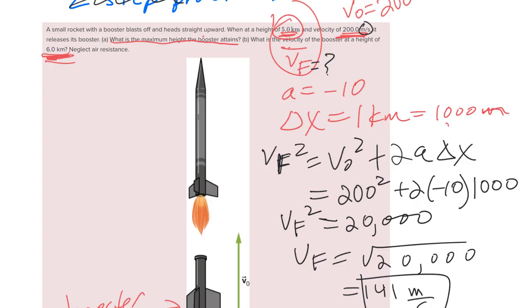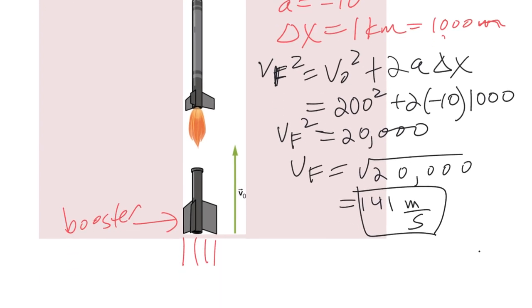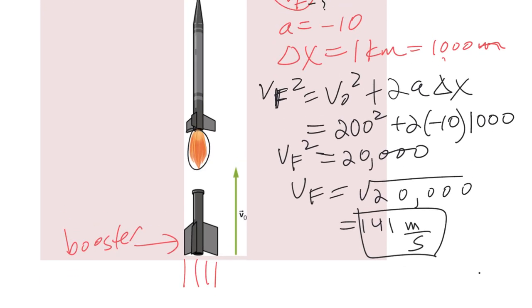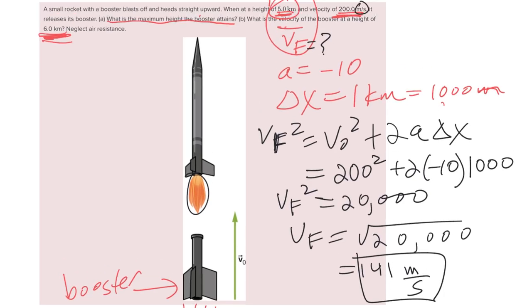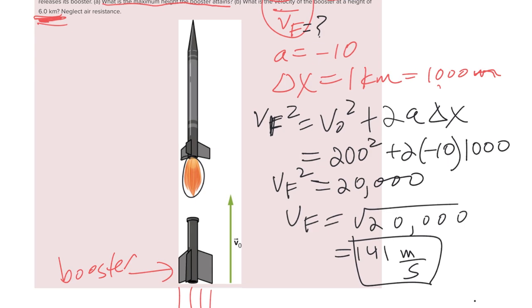Okay, so it's going to keep on going and going until it slows down to 0, rising with no rocket power like the rocket has. Then it will fall back to Earth.